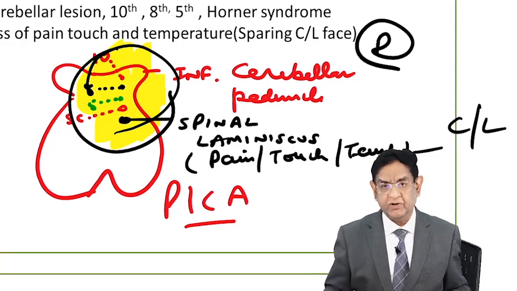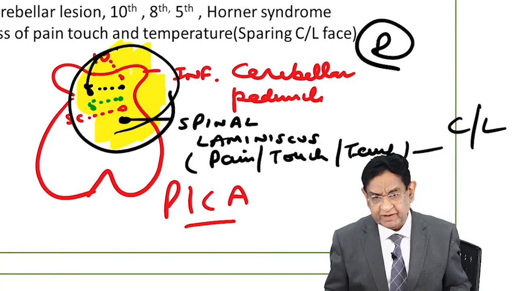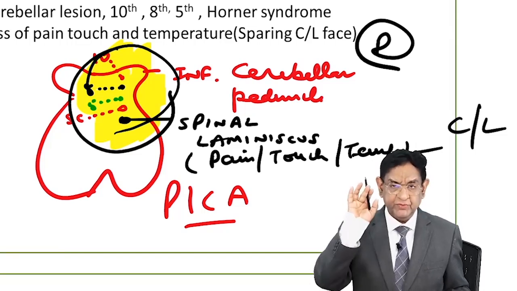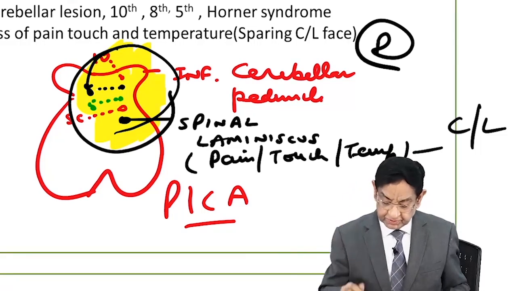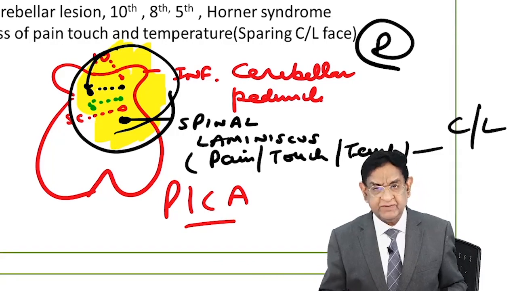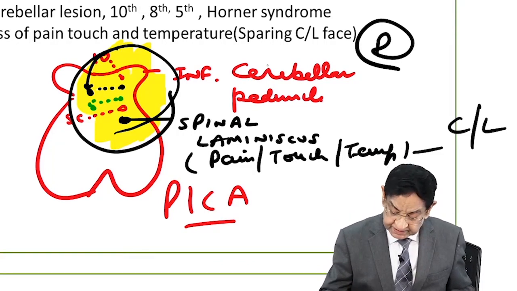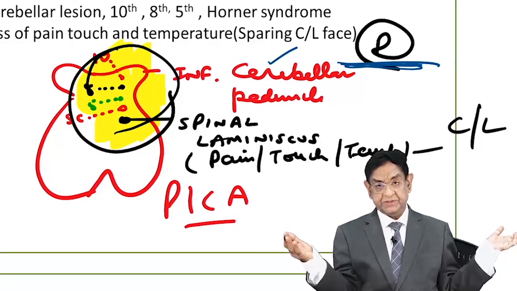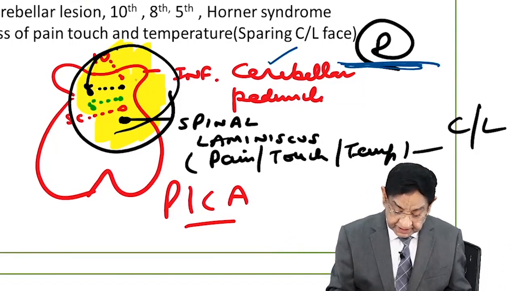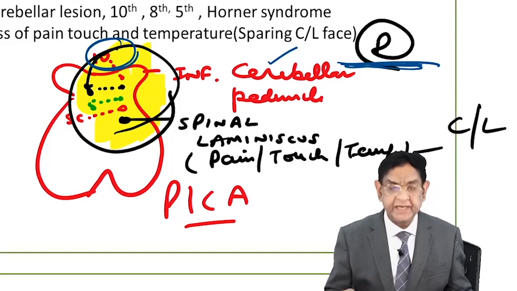These structures are involved. So how will this patient manifest? Look, the cerebellar peduncle is involved, so definitely this patient will have right-sided cerebellar features. Right-sided 10th nerve palsy.